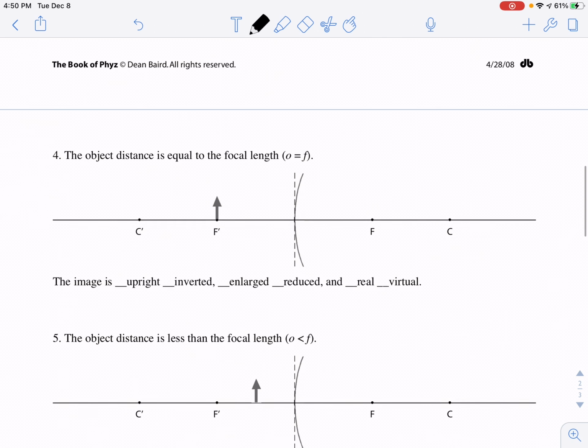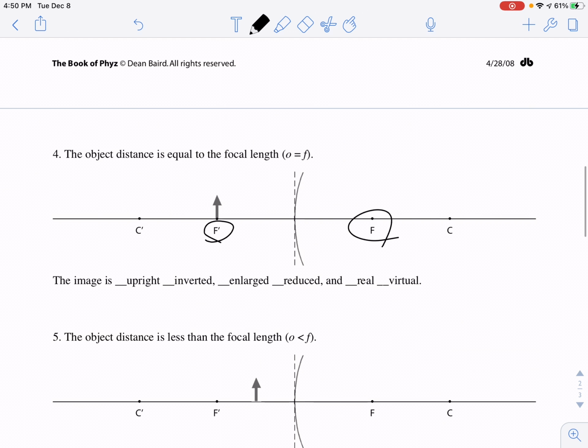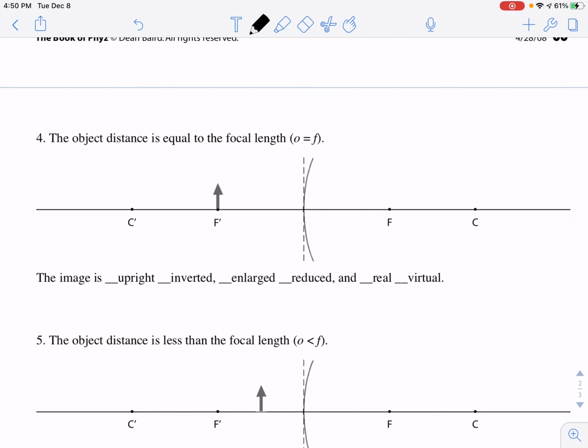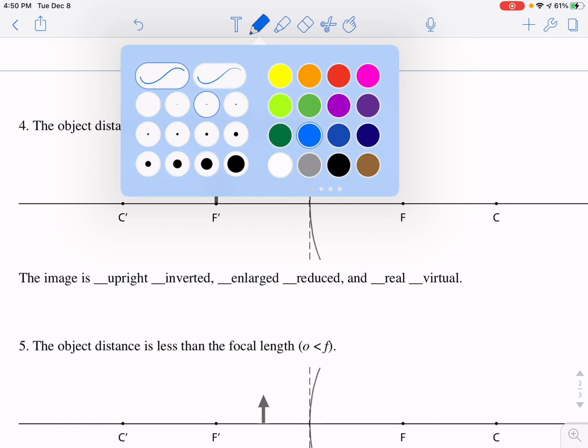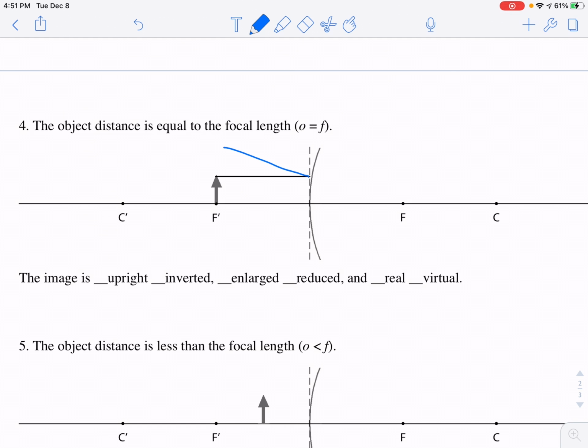What happens when we're at the point that's opposite to the focal point? Before, we had no image formed. So in this case, we're going to go parallel to the principal axis. We're going to go up in such a way that we're going opposite to the direction of the focal point. Draw a back ray through the focal point.